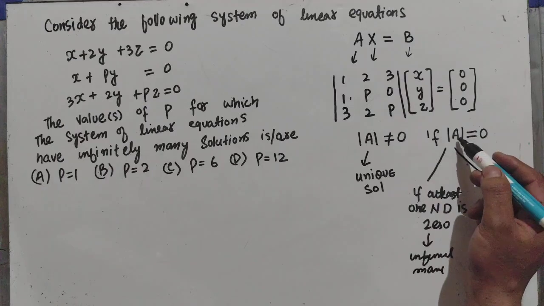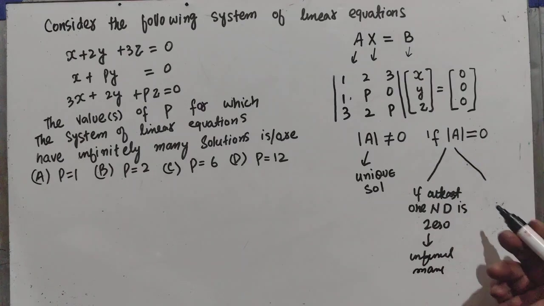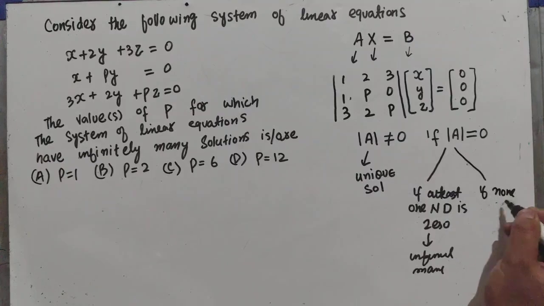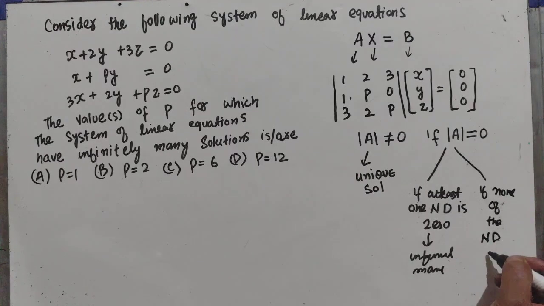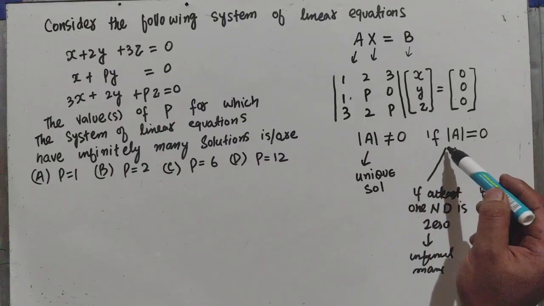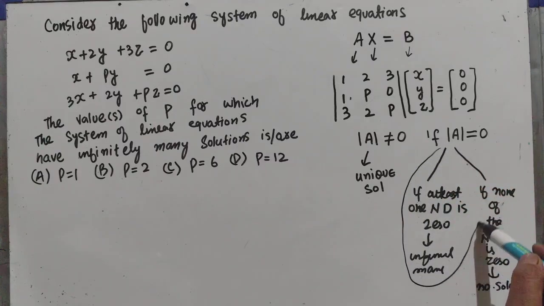And if the determinant of A is equal to 0 and none of the numerator determinants is 0, then we have no solution.